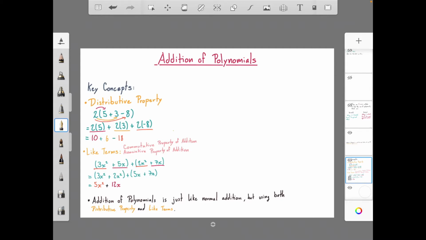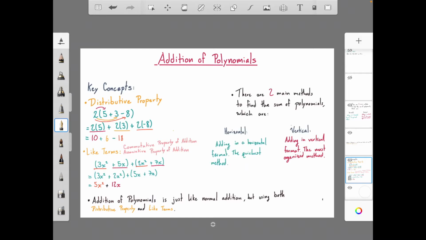There are a couple of things that you have to explain, but in general it is the same concept as a regular addition. So there are two main methods to find the sum of polynomials. The first is horizontal, which is adding in a horizontal format, and it is in my opinion the quickest method if you get the hang of it.